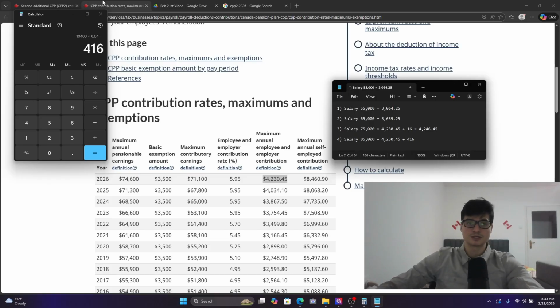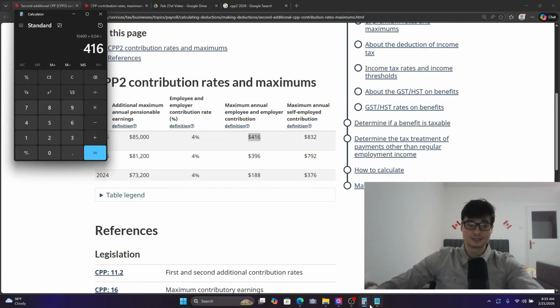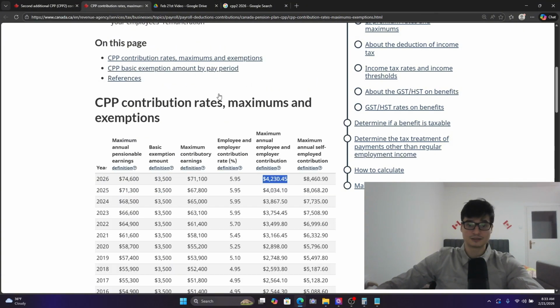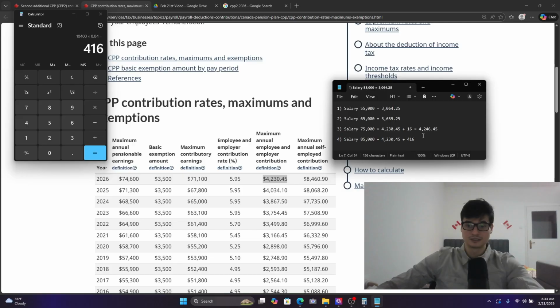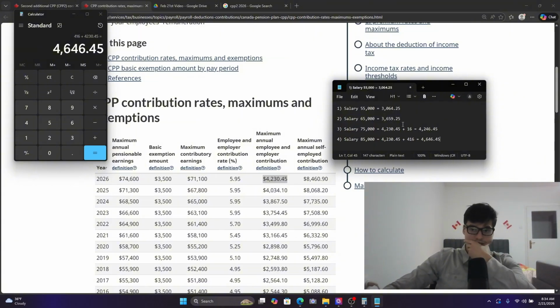Okay, so you can see the calculation is correct. So we have 416 there plus 4,230.45, which is 4,646.45.